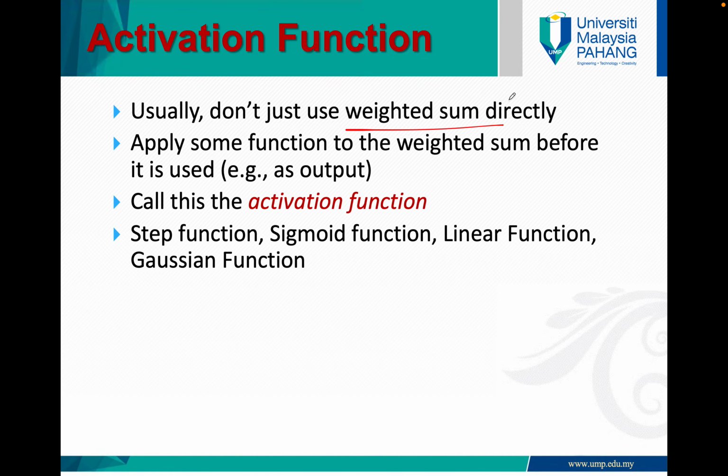Instead, they apply some function to the weighted sum before it is used. That is what we call the activation function. There are several functions out there that you can use, such as the sigmoid function, the linear function or the Gaussian function.